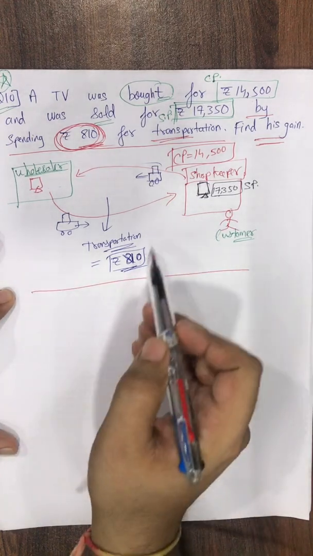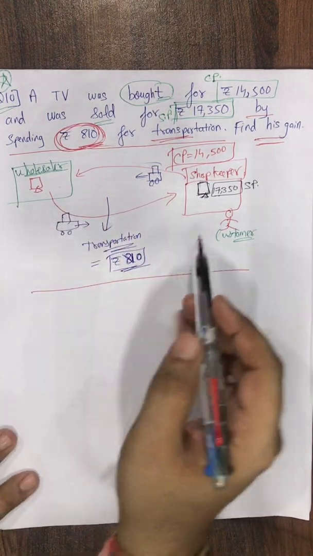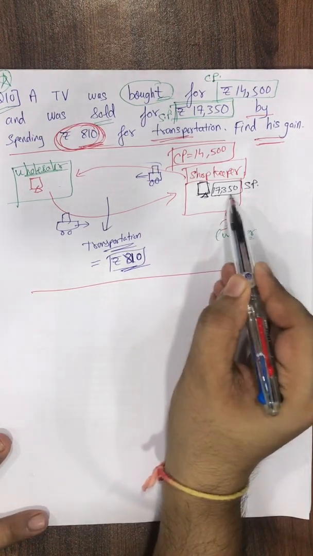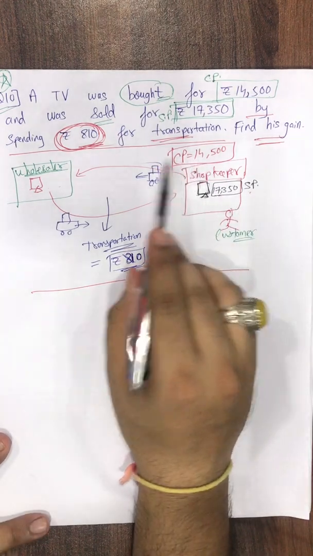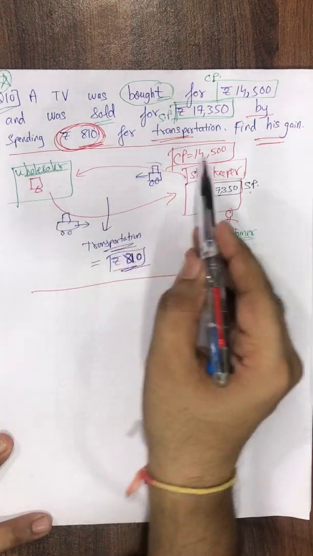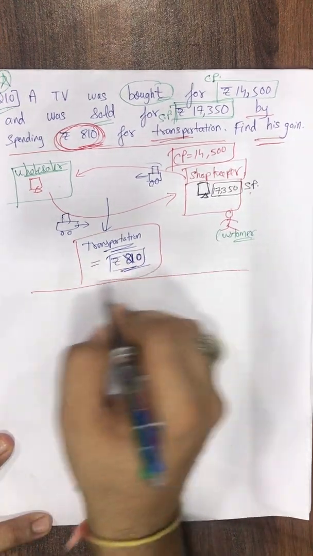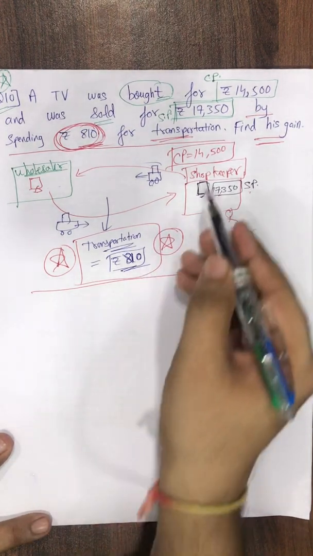So I paid the taxi people 810. But students, as I have told him that I will give him the TV at 17,350, my selling price is 17,350. My cost price at which I purchased from the wholesaler is 14,500. But I wasted my money on the transportation, so that I will only bear.